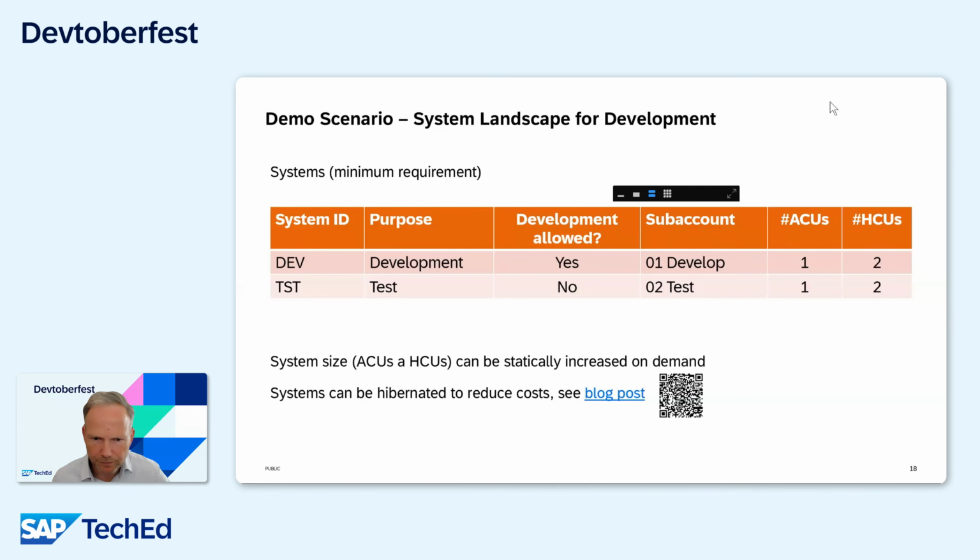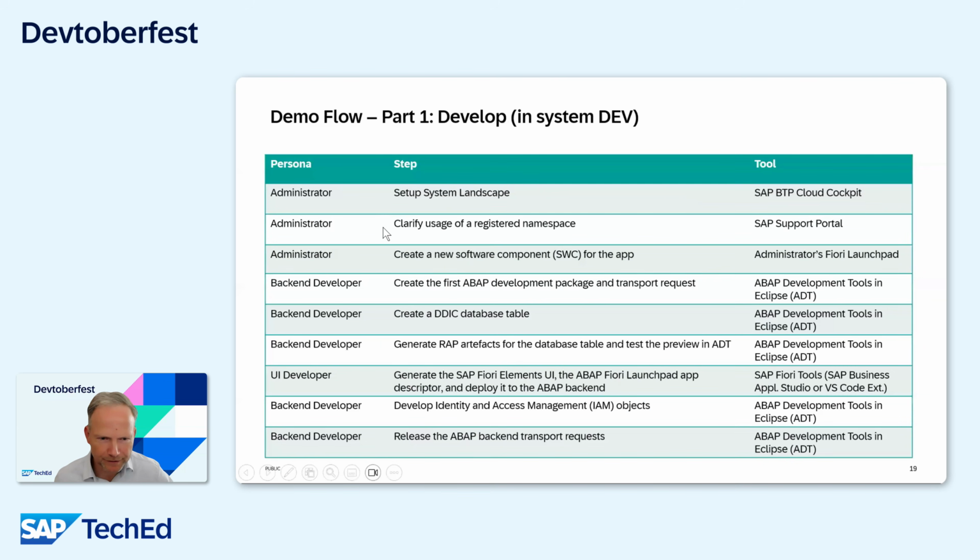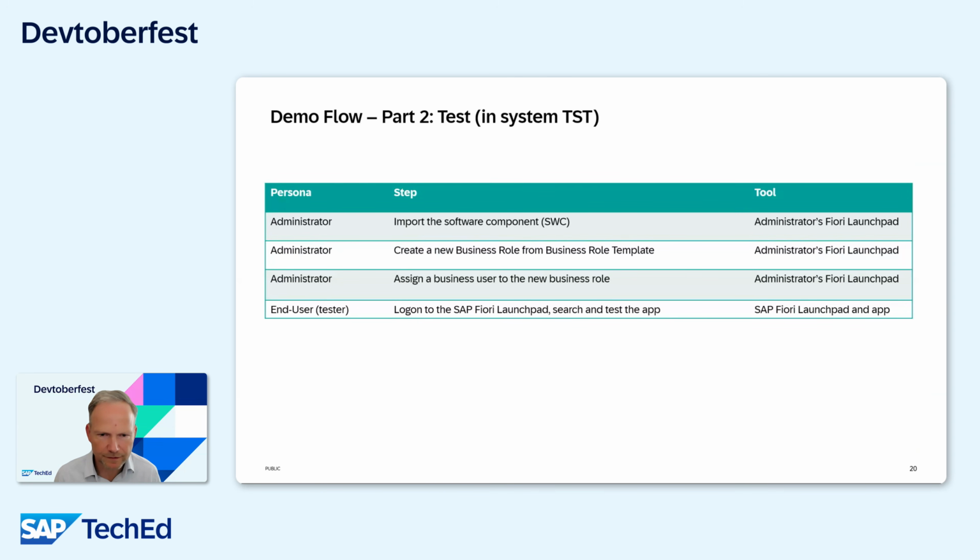So what I did was basically run through all these different steps to build an application. So I already did it, and I can also transport now this developed artifact to the test system. So in order to use a test system, I just navigate into the test system.